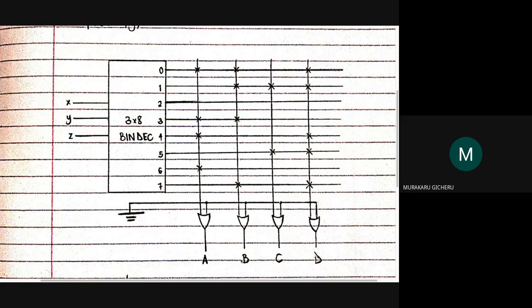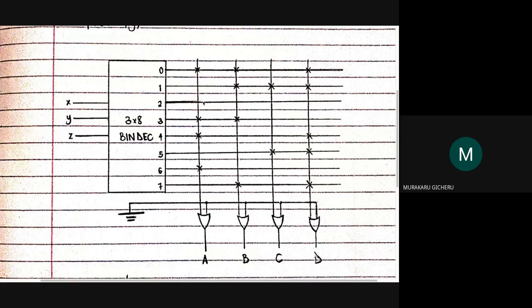In this case, we have 4 outputs, A, B, C, and D. So from our knowledge from 3.1, we know the binary decoder as a min term generator. It takes X, Y, Z and gives us all the min terms that can be got from the binary combination of X, Y, and Z. So 0, 1, 2, 3, 4, 5, 6, and 7.